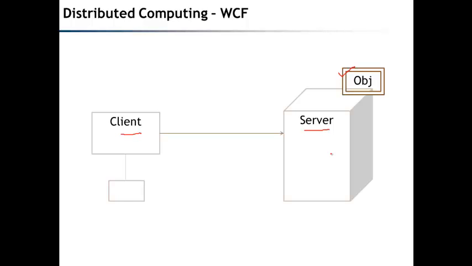So I would have configured my service as singleton to say that only one object is going to be created for my service, and this single object is going to service n number of clients that are going to connect to this particular server.